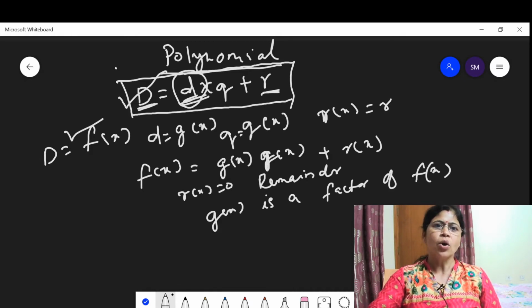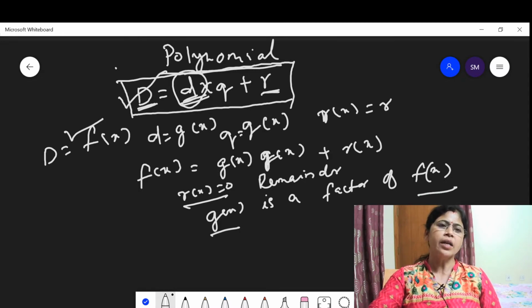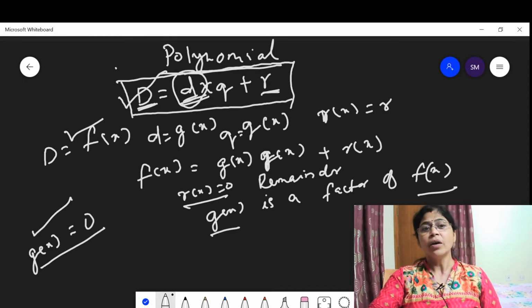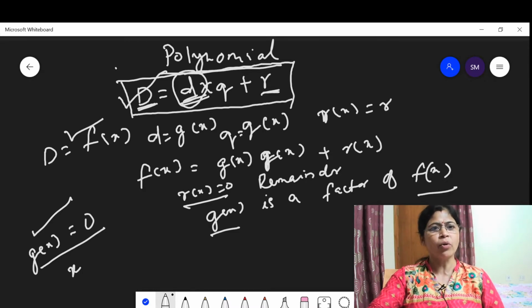When g(x) is a factor of f(x), comparing g(x) equal to 0, we can find the value of x for which f(x) is equal to 0. This is called the zeros of the polynomial.